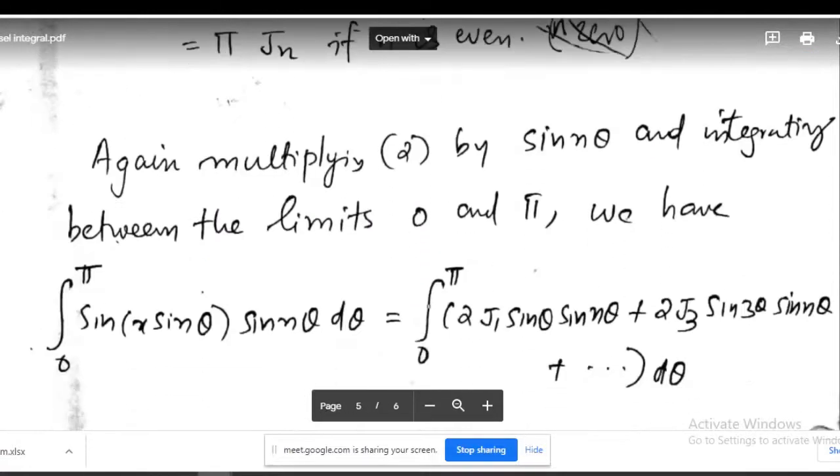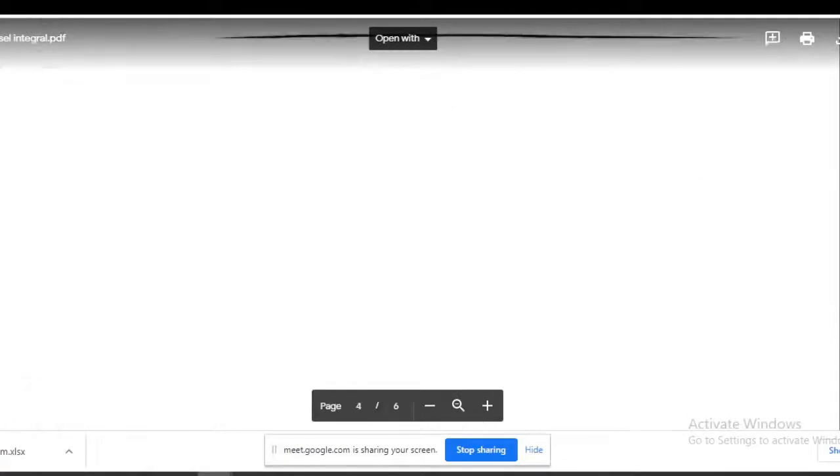Now what we do is we multiply equation 2 by sin n theta. What is equation 2? You just note down equation 2. Equation 2 is the expression for sin x sin theta.